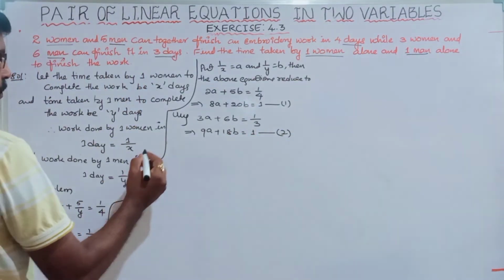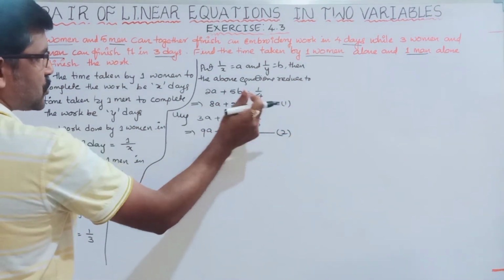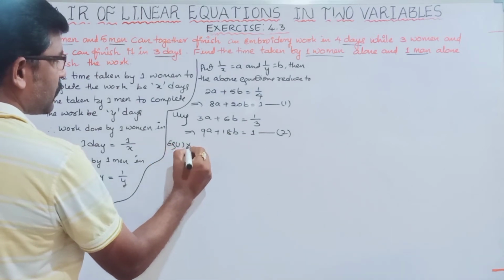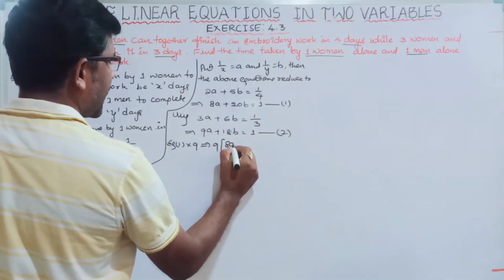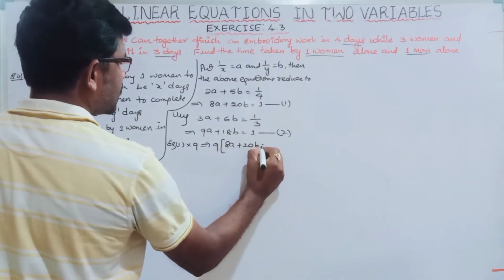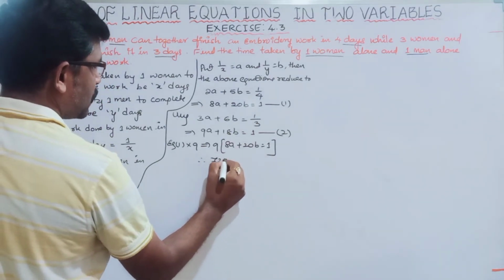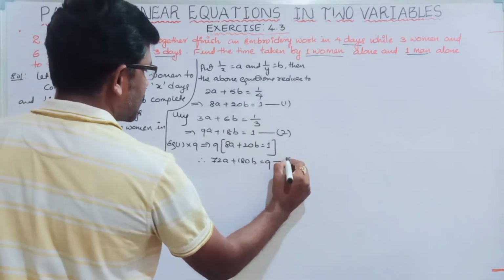Equation 2. Now we eliminate a value from these two equations. We multiply equation 1 into 9. It implies 9 into 8a plus 20b is equals to 1. Therefore, 72a plus 180b is equals to 9. Equation 3.